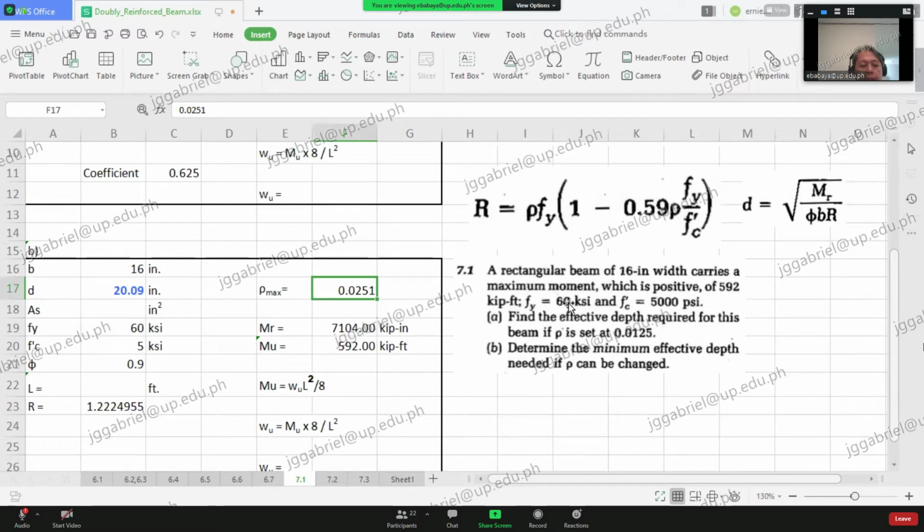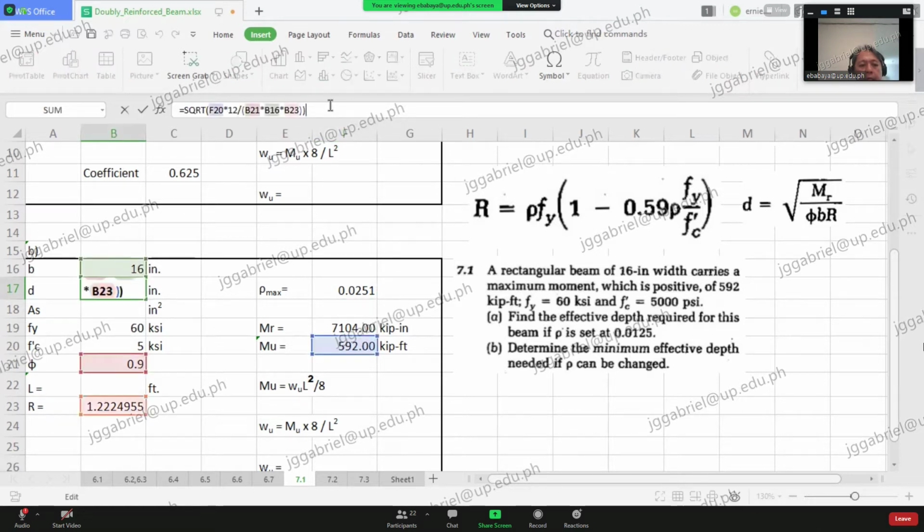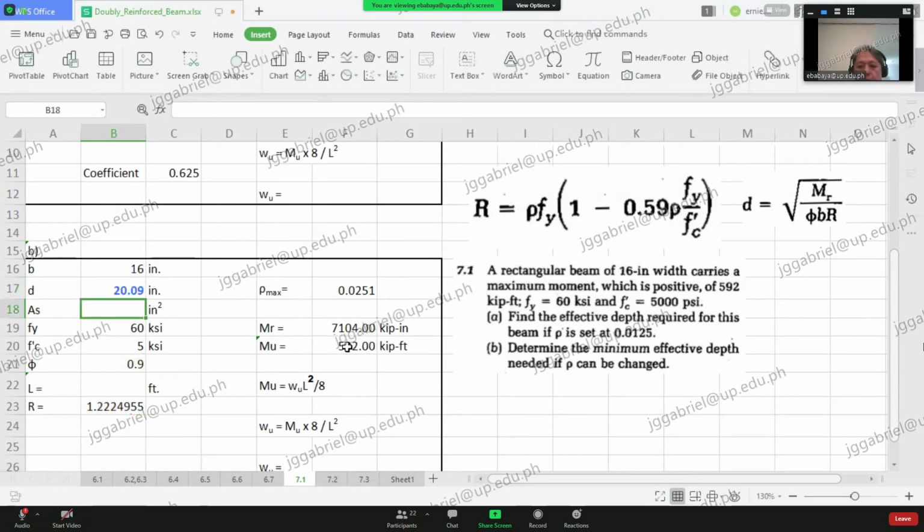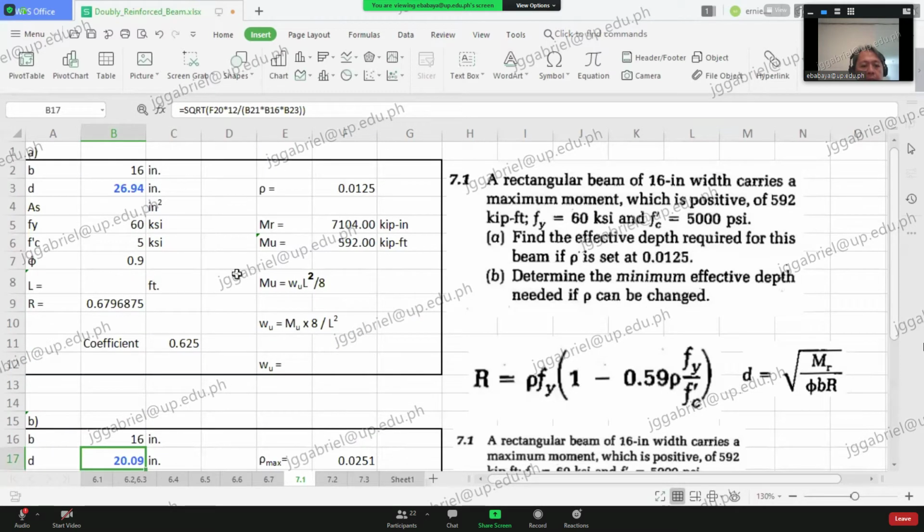So if we set that there, then applying the formula, the MR is the same, of course, the resisting moment. Then what would be the effective depth? This is the minimum now: 20.09.